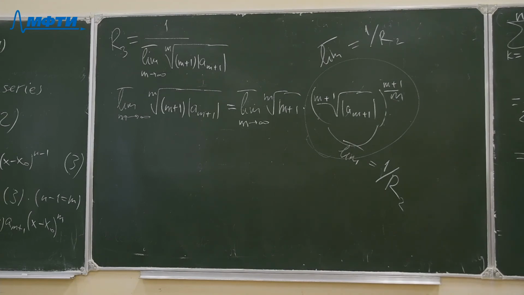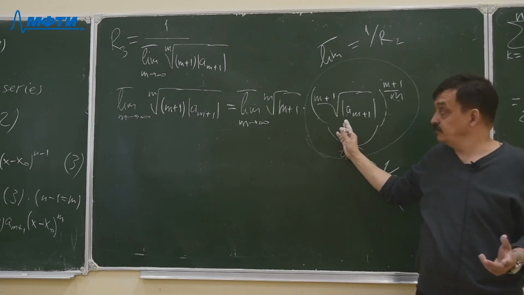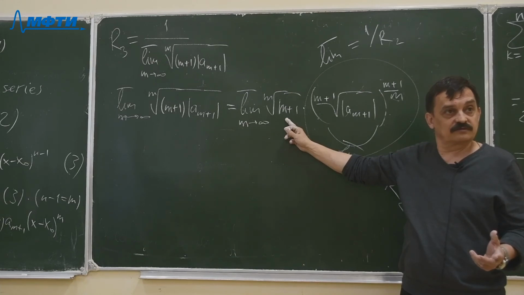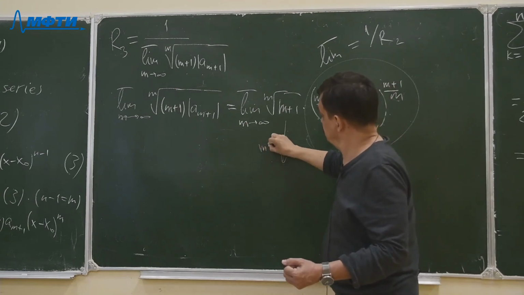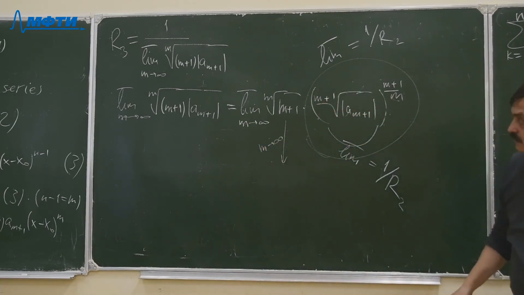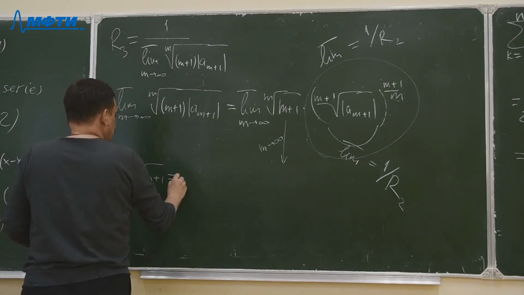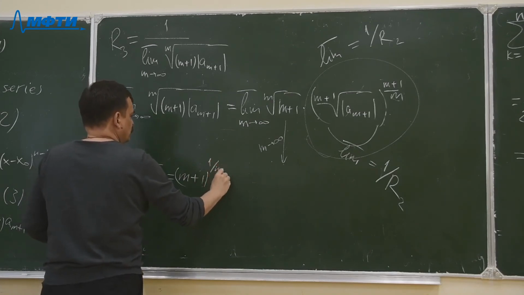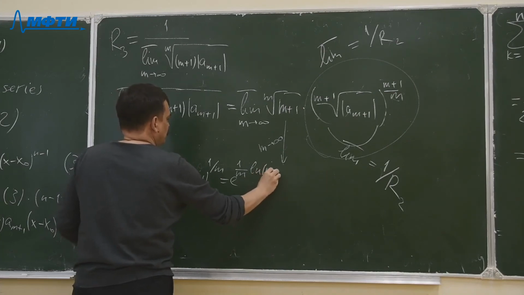Now look, we have a product. What is the limit of the first term of this product as m tends to infinity? I can write the mth root of m plus 1 equals (m plus 1) to the power 1 over m, or e to the power 1 over m times the logarithm of m plus 1, right?